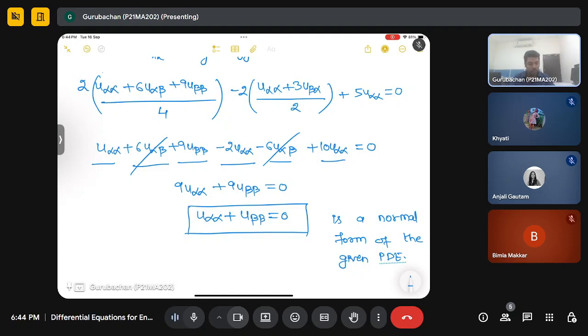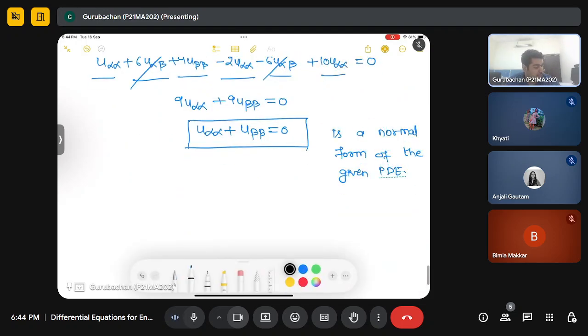So here we have done the classification of the PDE in this question, and we reduced it into its canonical form, or you can say normal form. But since here we are dealing only with constant coefficients, let me give you one more example with constant coefficients.